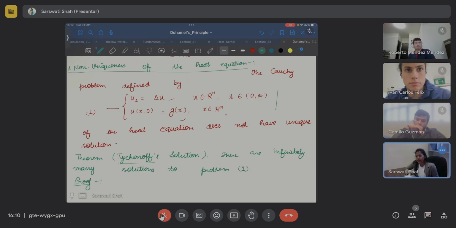It is like you are trying some problem and you are able to find a solution when you change the variable, but it is still a solution, even with the given initial or boundary data. This mathematician was able to do that. How did he do that? Let's have a look.